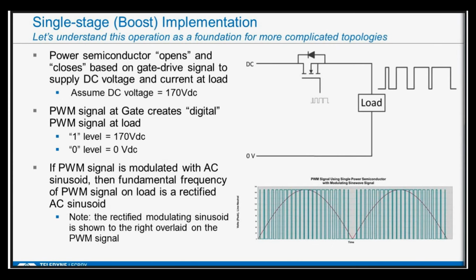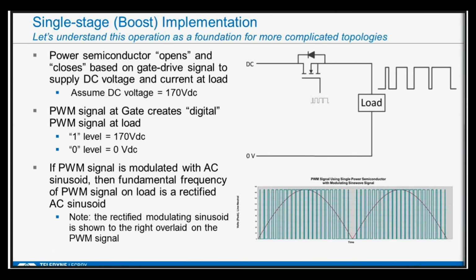Now, if you had a single stage, as I showed earlier, one device, we'll call this a boost. Your power semiconductor is going to open and close based on the signal it gets from the gate drive, and it's going to deliver a signal that looks like this on the output. If this is 0, and it was a 120 volt DC bus or something like that, then this would be 120 volts high.